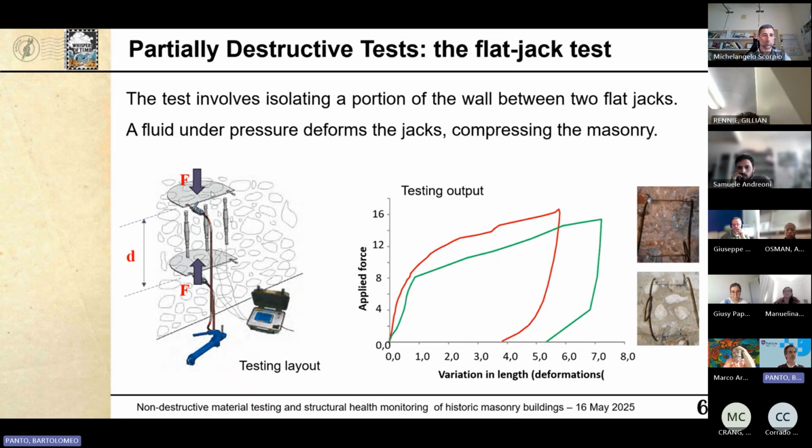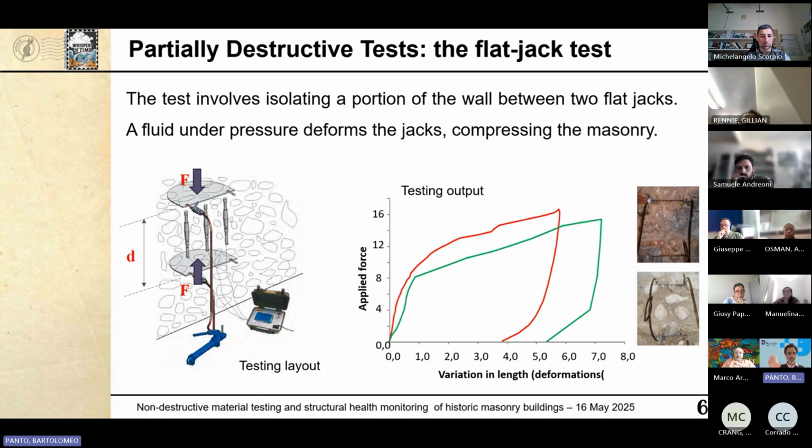And so this test basically provides us all the information we need. If you recall what Corrado said in terms of mechanical models, numerical models, here from these graphs showing the variation of length between these two points, what is called the D here, and the force that I'm applying, these for us are self-explaining of the mechanical behavior of masonry.